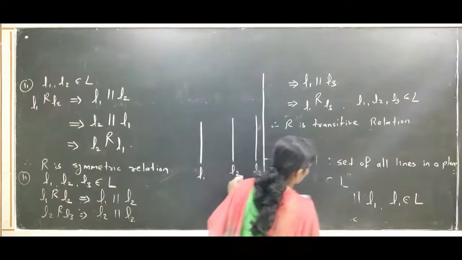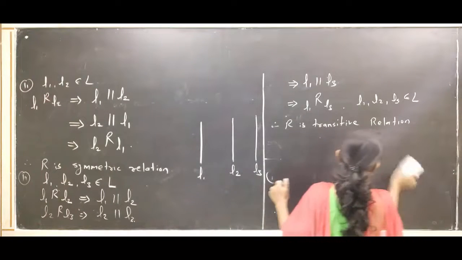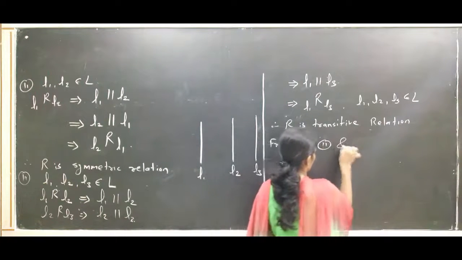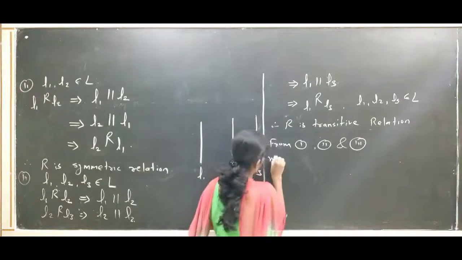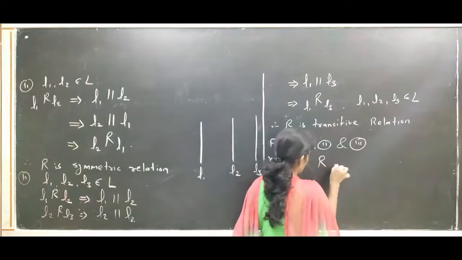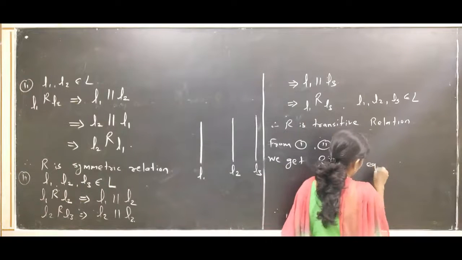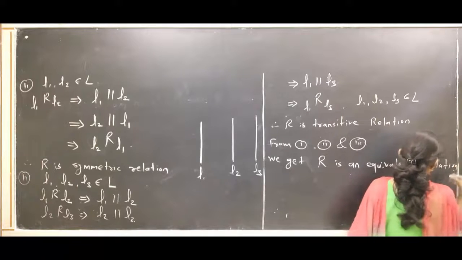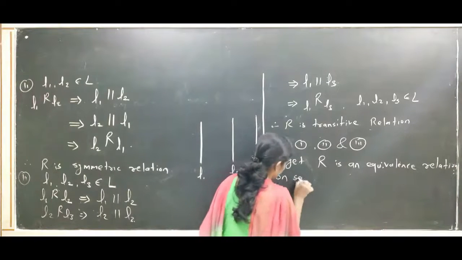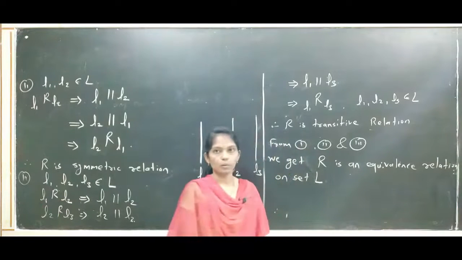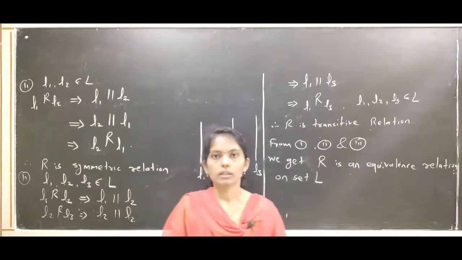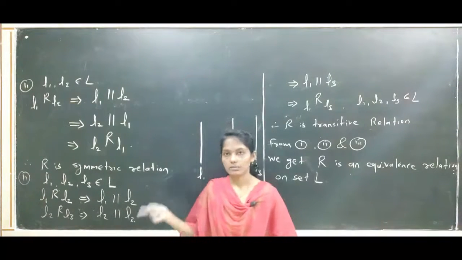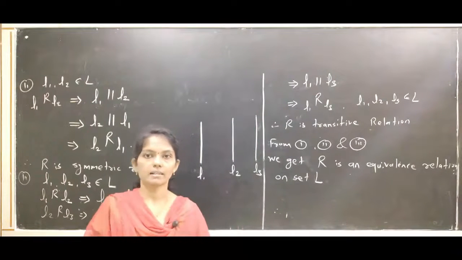Therefore, from 1, 2 and 3, we get R is an equivalence relation on set N. Okay, so for showing R is an equivalence relation, first of all we want to show that R is reflexive, symmetric and transitive.